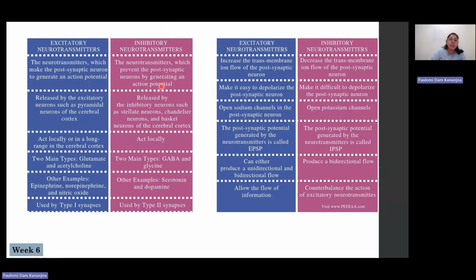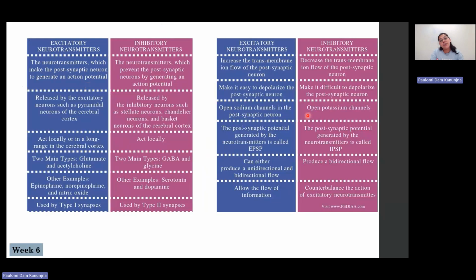Right? Now, what do they do? Excitatory neurotransmitters increase the transmembrane ion flow of the postsynaptic neuron. This is what I told you. But inhibitory ones, when they bind to the next neuron, will decrease this transmembrane ion flow, and this movement of ions stops. And because it stopped, the depolarization becomes difficult.